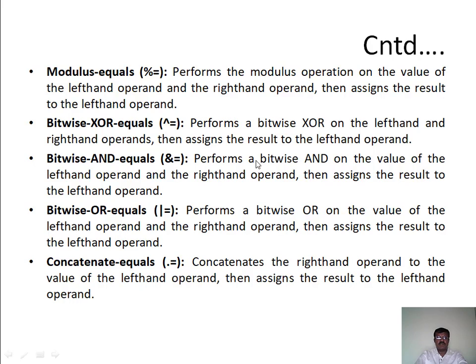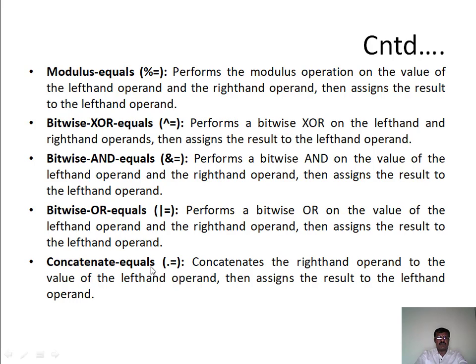This performs a bitwise AND on the value of the left hand operand and the right hand operand, then assigns the result to the left hand operand. Bitwise OR equals, this can be represented by a vertical bar followed by equal sign. This operator performs a bitwise OR on the value of the left hand operand and the right hand operand, then assigns the result to the left hand operand.